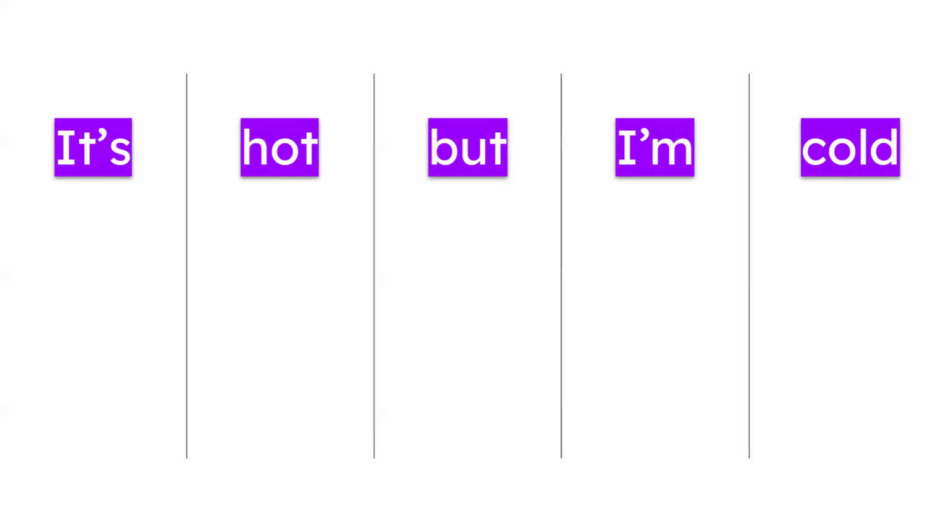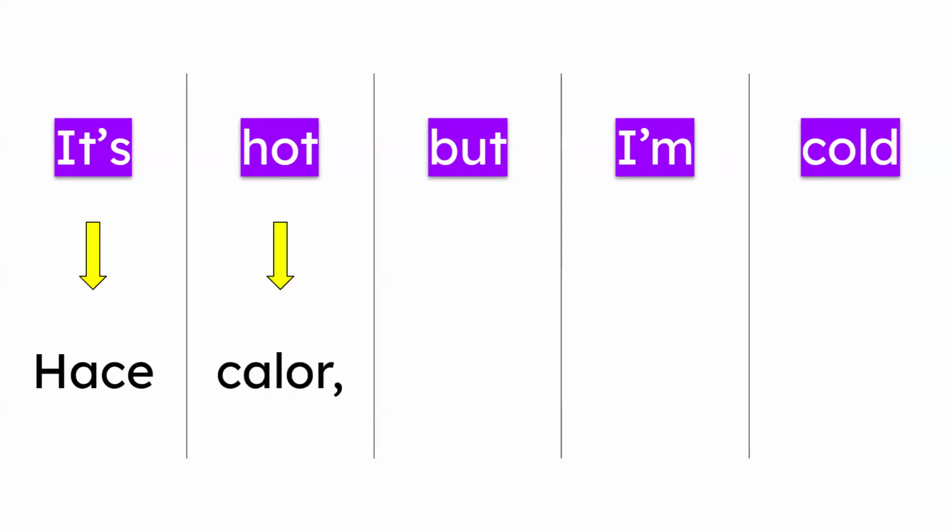When we talk about weather for hot and cold, we need to use the verb hace. That's right, hace. How do we say it's hot? Hace calor. That's right, hace calor.